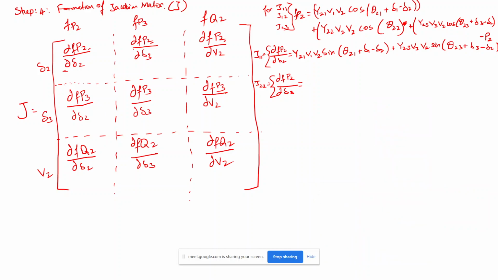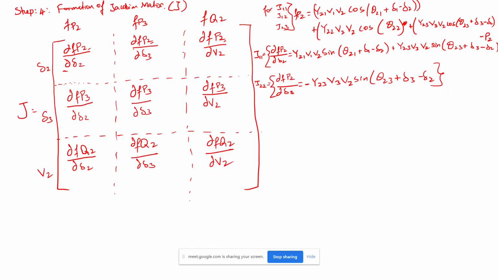So I will get this component as minus Y23 V3 V2 sin theta 23 plus del 3 minus del 2. All others will be 0. So I will get only this value.